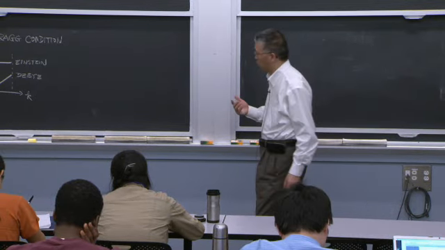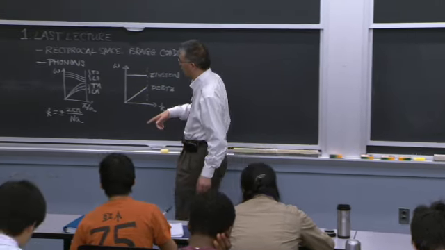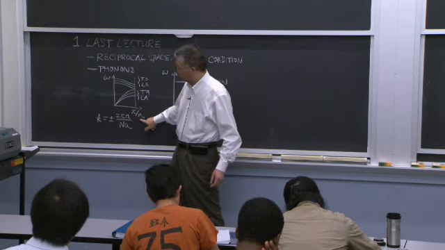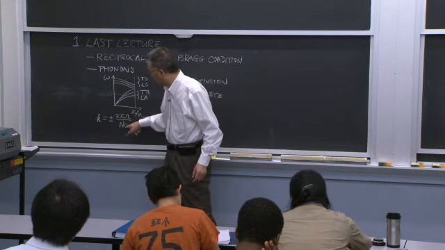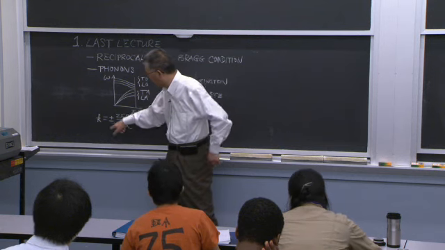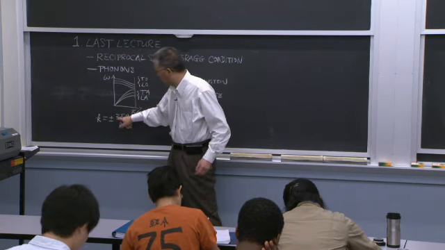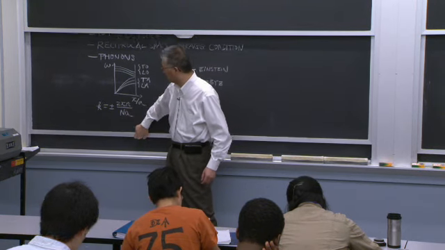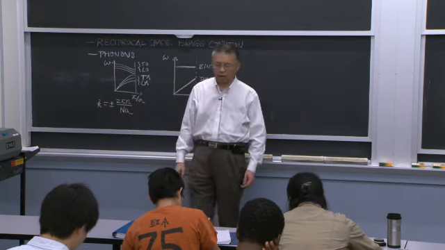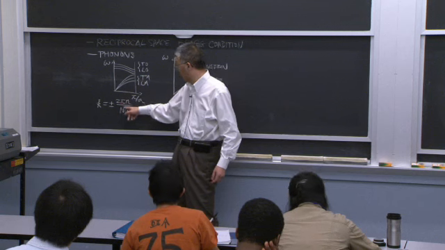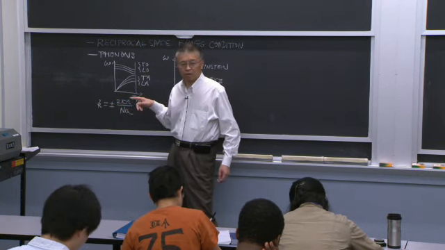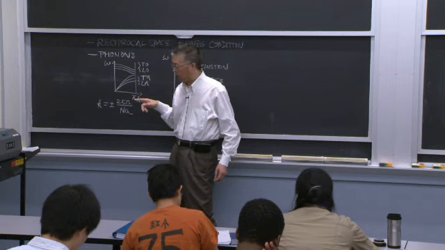We got the dispersion between the vibrational frequency and the wave vector. The wave vector, similarly to the case of electrons, is discretized. If I have n atoms in the chain, the separation is 2 pi over the length of the crystal, where N times A is the length of the crystal.